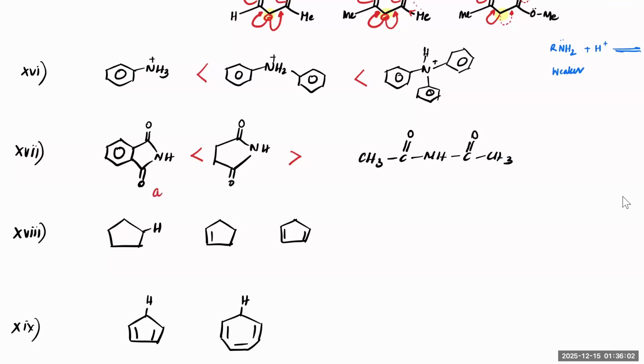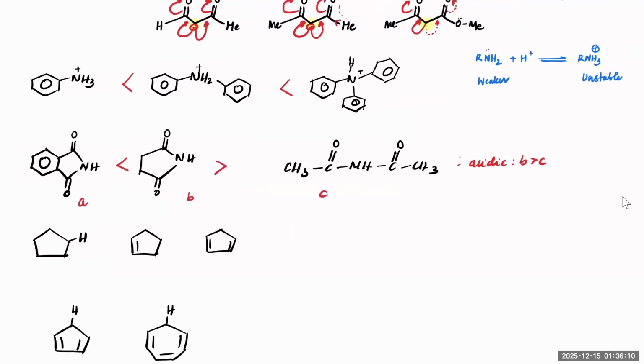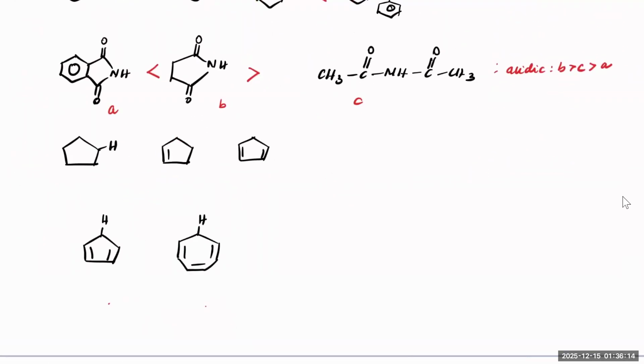So if I have this as A, B, C, then the acidic strength would be B greater than C greater than A. Clear? You got to notice on the basis of what effects they are offering. Here, benzene offers plus M towards the C double bond O, disrupting the resonance from nitrogen. That's why it is less acidic.